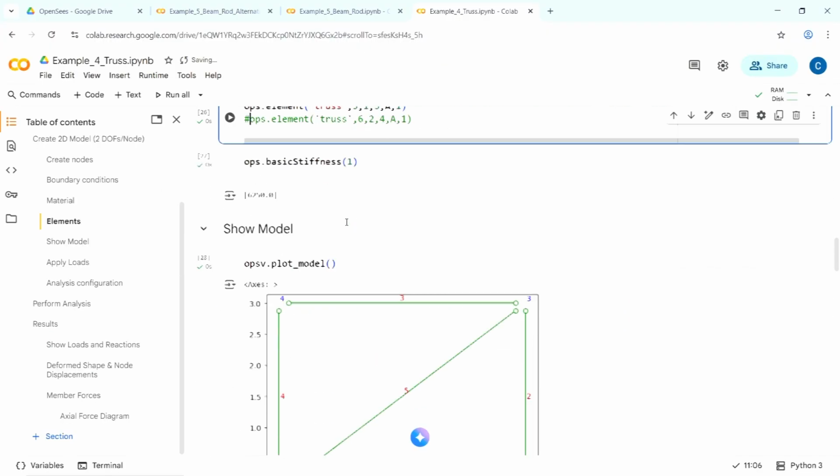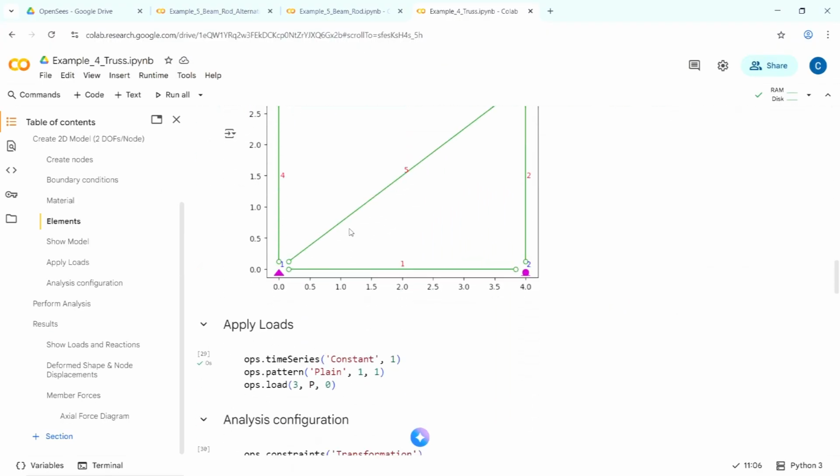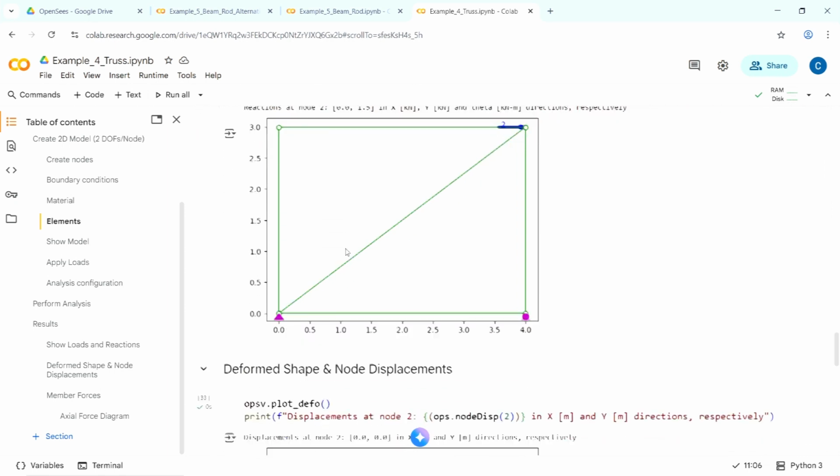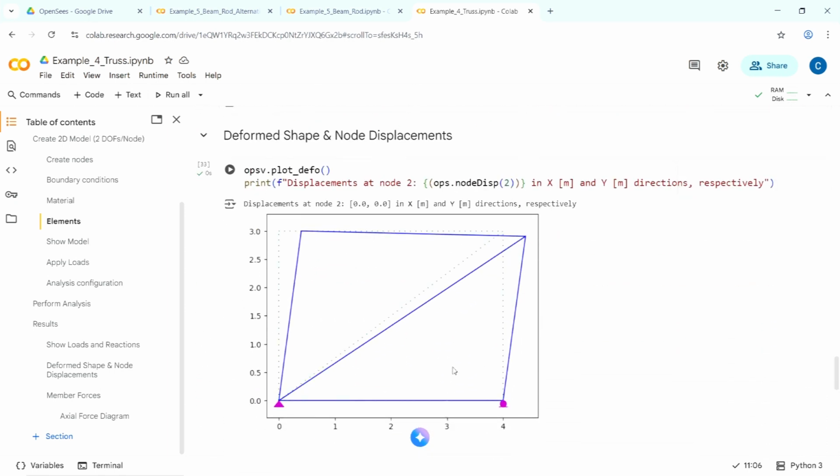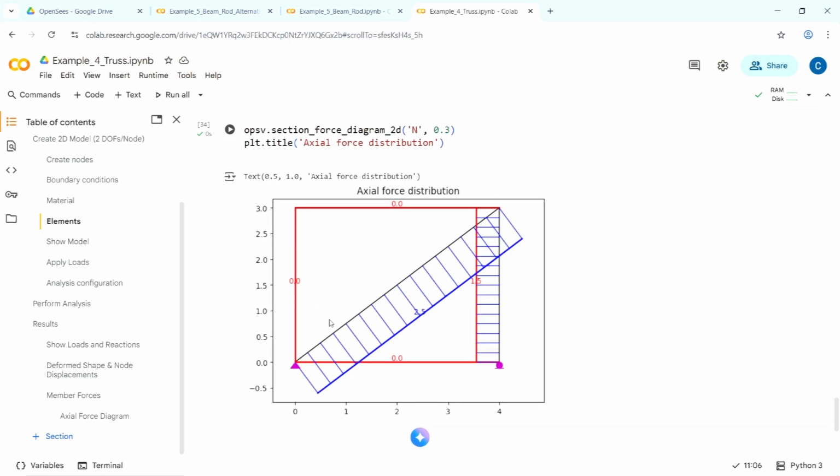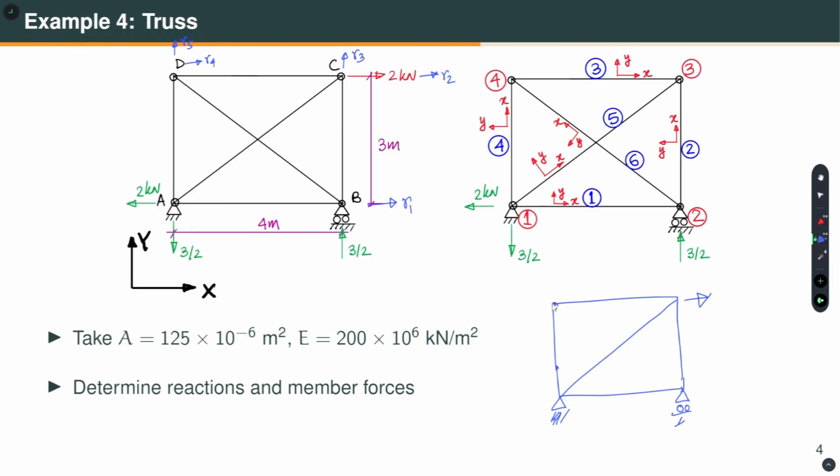Okay. So, let us see, it has solved in the meantime. This is the system, and this is the deflected shape, and you can get the axial forces. Okay. What is happening? Why are these zero forces? Well, that is what you would get if you consider the equilibrium of this joint. These two members are perpendicular to each other, and then there are no loads.